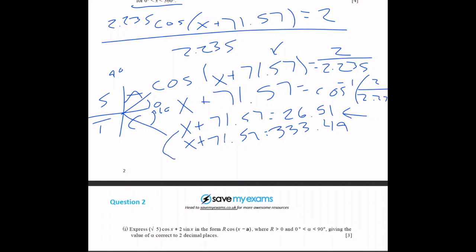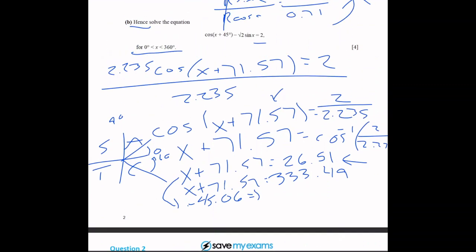This one, I'm going to be subtracting the 71.57. Same with the other one, but I'm showing you each answer step by step. So 26.51 minus 71.57. That gives me negative 45.06, which I can't have as a negative answer.